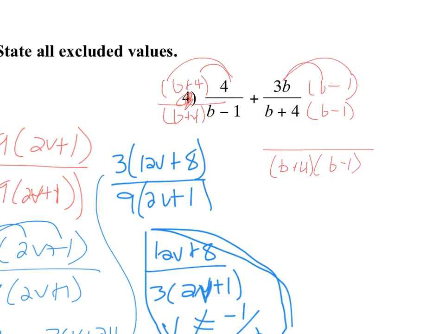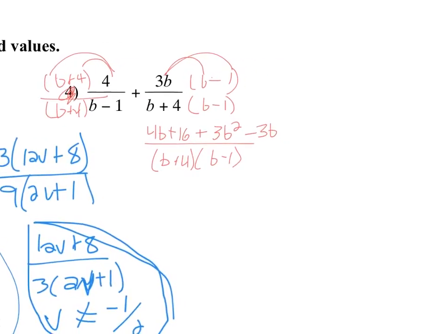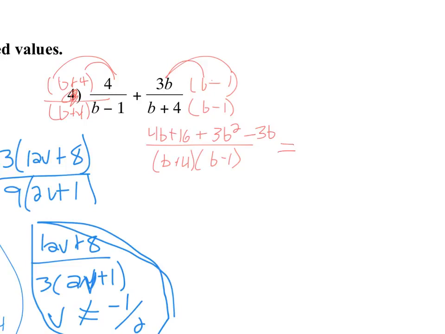Well, b times 4 is 4b, and then 4 times 4 is 16, so plus 16, and then 3b times b is going to be 3b squared, and 3b times negative 1 is going to be, excuse me, that's not a plus, it should be a minus 3b. Okay, I'm going to clean this up just a little bit by combining like terms.